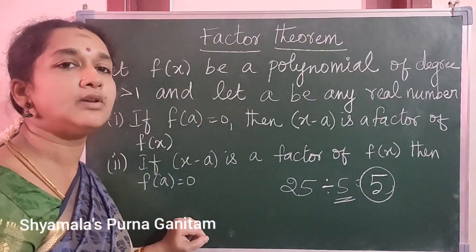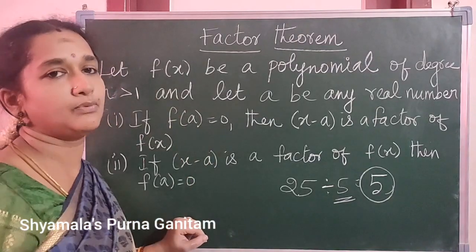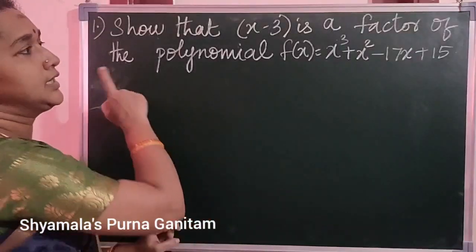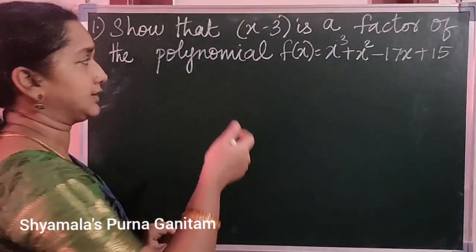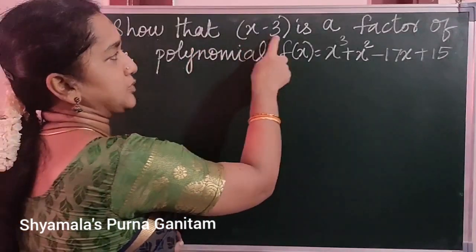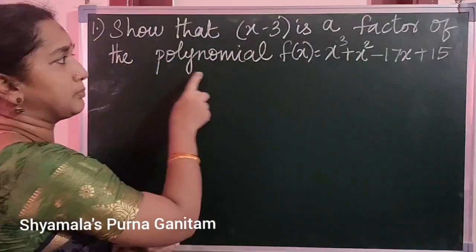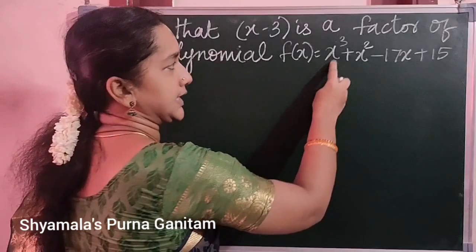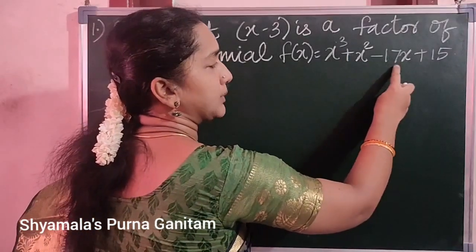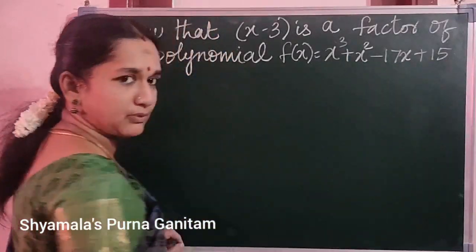Now we will do a few sums based on this factor theorem. First sum: show that x minus 3 is a factor of the polynomial f of x is equal to x cube plus x squared minus 17x plus 15.